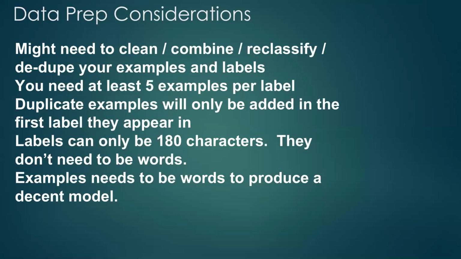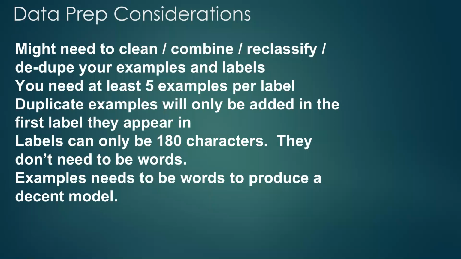The problem is it seems to take exponentially longer, or somewhere between linear and exponentially longer, the more words you add to your examples. So this can be the difference between a model training in a couple of minutes or a model training in an hour, depending on how many words you put in there. So part of your data prep might be to remove words that are extraneous, that don't have meaning.